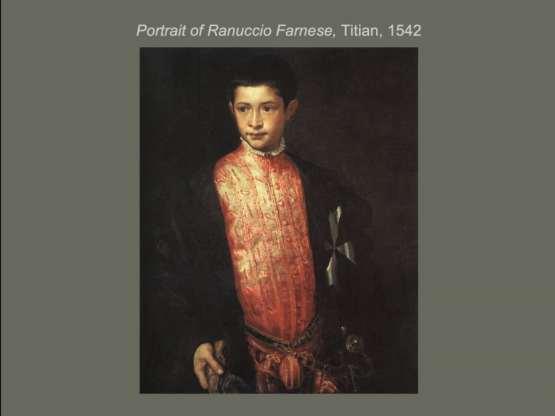A couple more by Titian. This is the portrait of Ranuccio Farnese from 1542. So Titian was a sought-after portraitist, and in this one we can see that Titian red again, and he's really conveyed the sense of kind of shyness or naivete shown in the boy that's being represented, but then he's clothed in these really fine clothes.